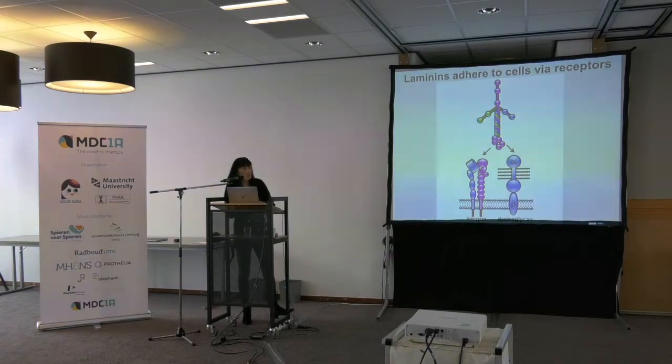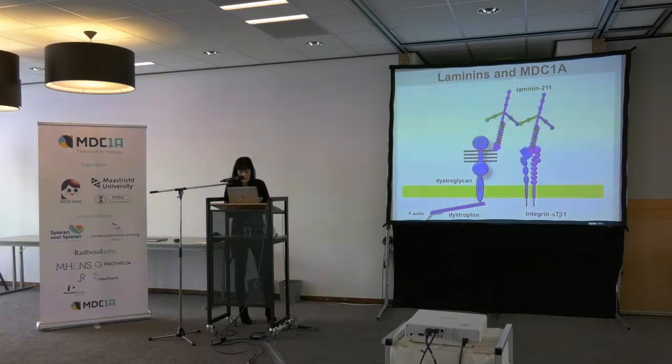Two well-known cell surface receptors are integrin, and the other one is dystroglycan. And laminins bind tightly to these receptors. And thereby, by this interaction, they form a strong structural support, but laminins also send signals into the cell, telling the cell what to do, for example.